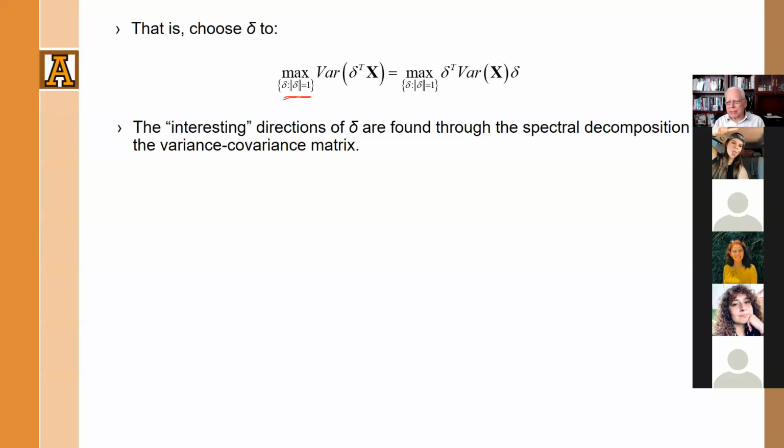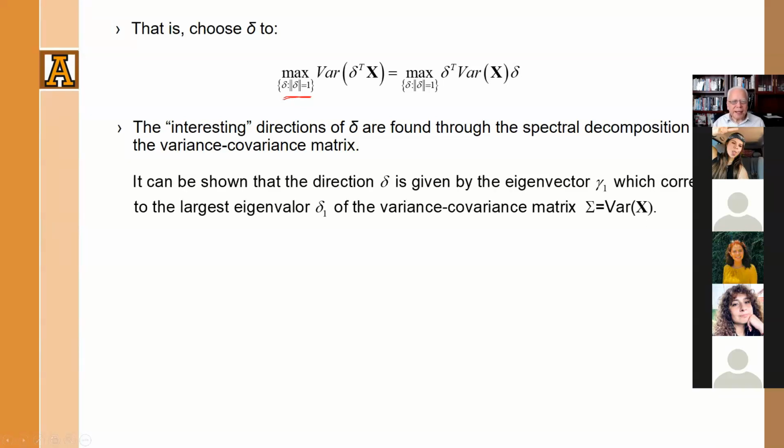Every vector represents a direction: one vector in 2 dimensions represents a direction in those 2 dimensions, and in 3 dimensions, one vector represents a direction in 3 dimensions. So the interesting directions of delta are found through the spectral decomposition of the variance covariance matrix. So we're starting to use the results from linear algebra that you learned a few semesters ago.